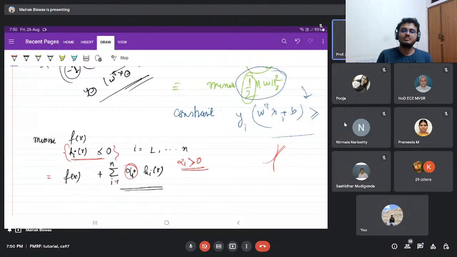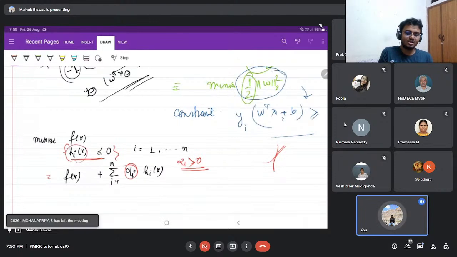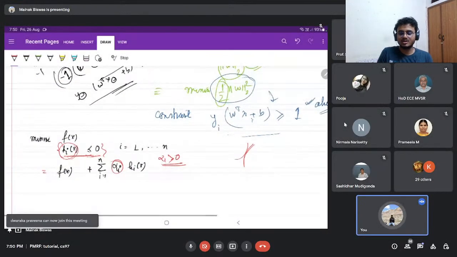So we can say these are the constraints defined by that mathematician? No, the constraints can be anything. These h_i's are any constraints, where the right hand side is less than 0. Like here we have defined these as the constraints.